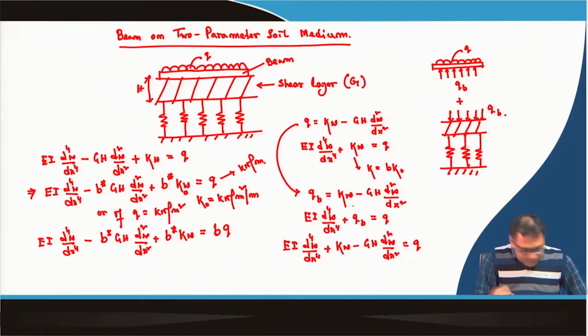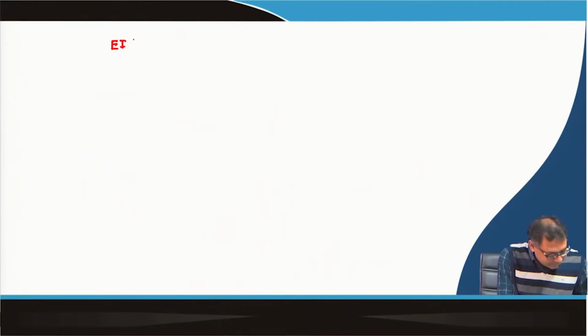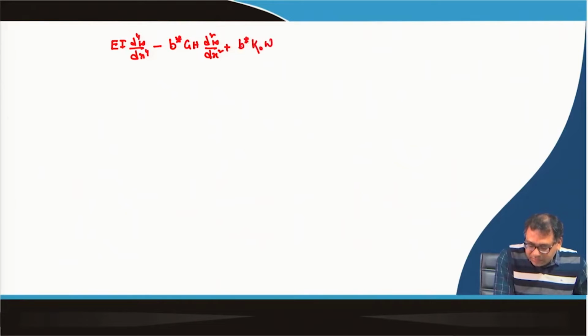So, now this b star value has different conditions. Now, what is that conditions? Now, let me explain that thing first. So, that means the final expression is E I d4 w dx 4 minus b star gh d square w dx square plus b star k 0 w, that is equal to q.